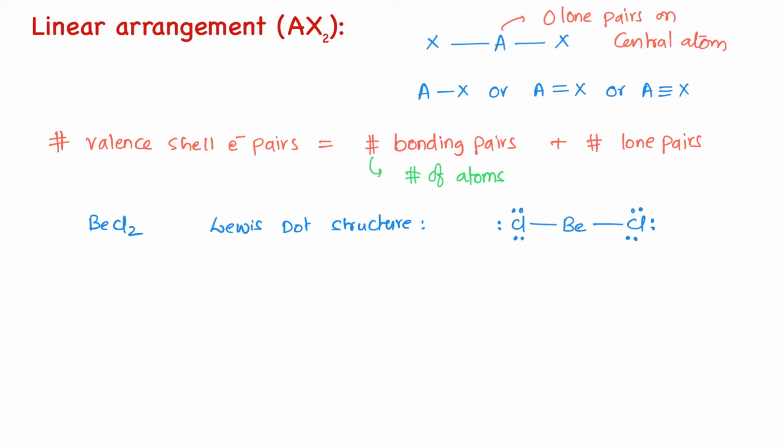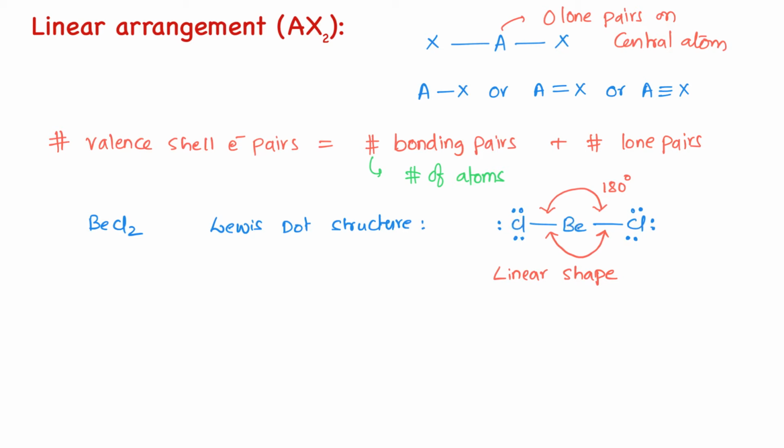These two electron pairs push each other as far apart as possible in the three-dimensional space, giving the molecule a linear shape with a bond angle of 180 degrees, where the bond angle is the angle formed by the nuclei of two terminal atoms with the nucleus of the central atom.